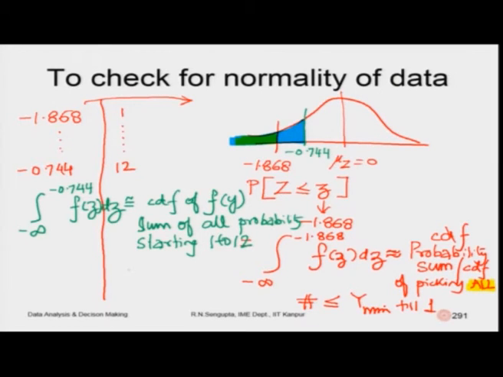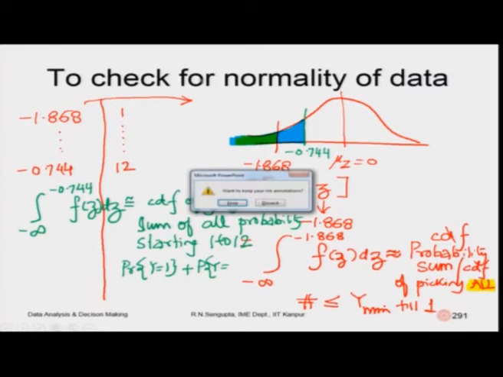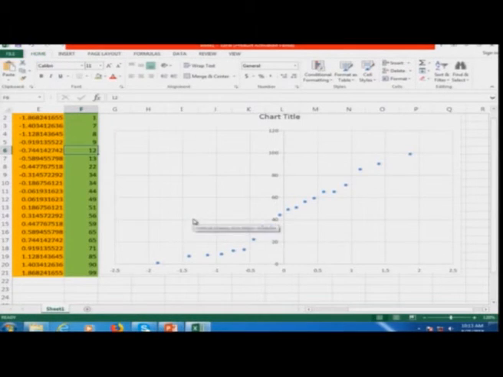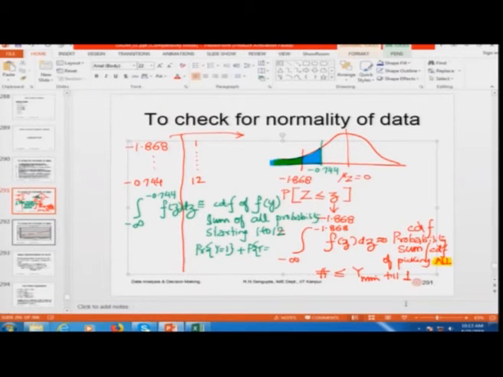So, I will add up all the probabilities. Probability of Y equal to 1 plus probability Y equal to, what was the next value? Let me check. Was 7, 8, 9, 12. Okay, 7, 8, 9, 12.